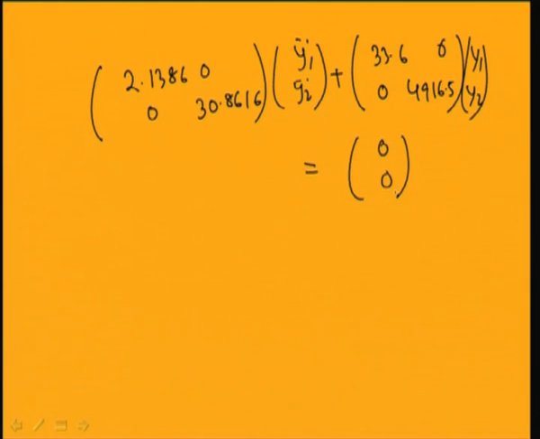So in this case you can see that by using this coordinate y1, y2, both the mass matrix and stiffness matrix are uncoupled, that is, the off diagonal terms are 0.